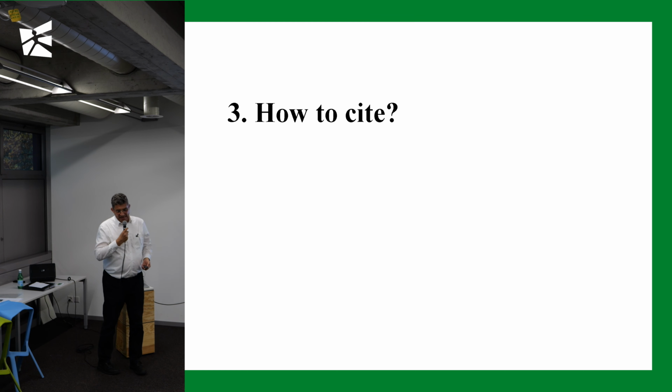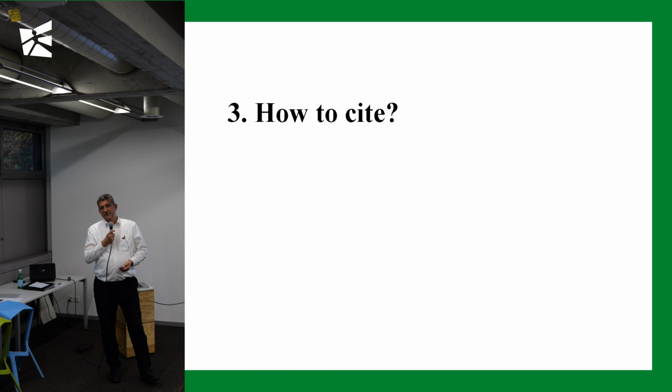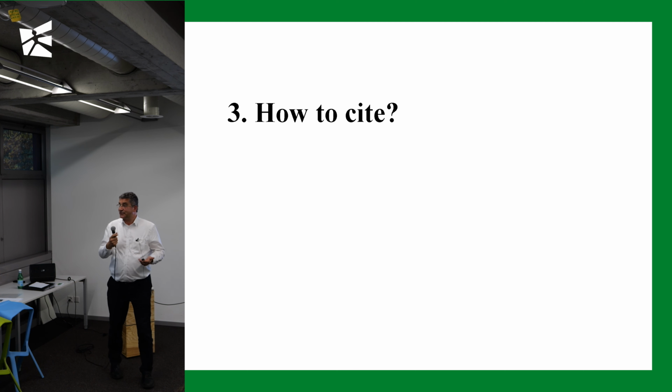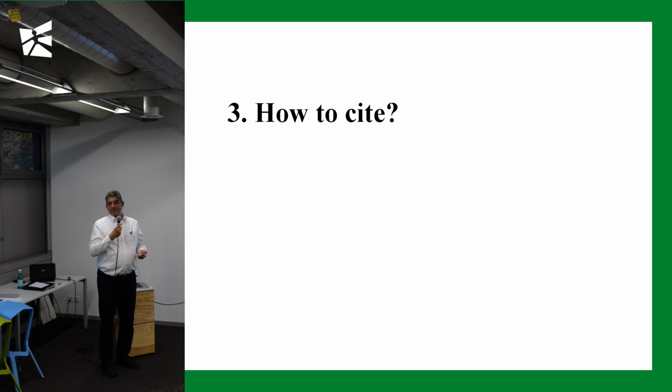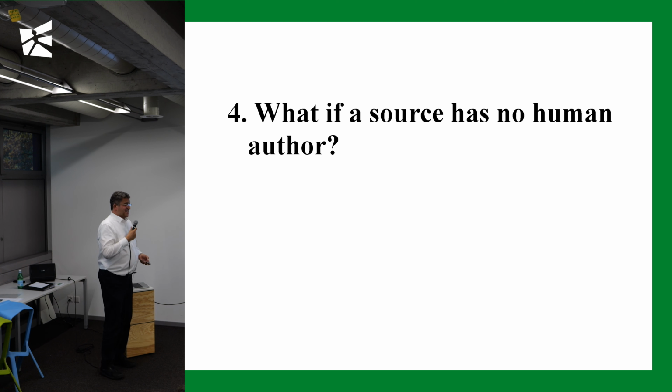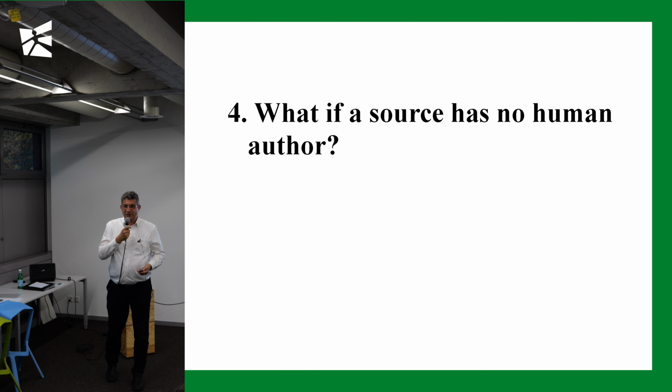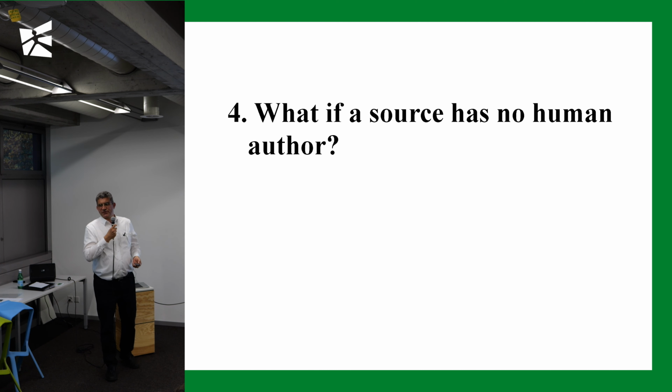How to cite? Well, like all citation systems, APA has rules. And its basic principle is you need an author and you need a date. Those are the two essential elements of an APA citation. And that's interesting because it can happen that a source has no human author. So if I say you need to cite an author, and then you find yourself on the United Nations website, you're going to say, well, who's the author?